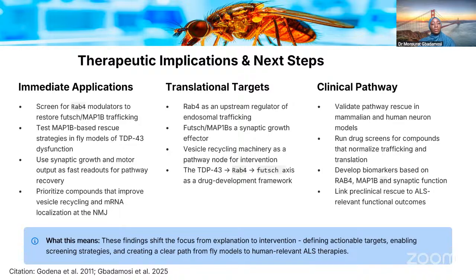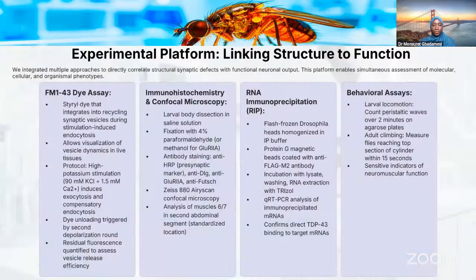So perhaps ALS will also be that way, so that we can target RAB4 and Futsch pathways together. That is the major therapeutic implication that we have proposed. This is a fantastic proof of concept. That is the basic research that has provided the proof of concept for therapeutic ALS research.